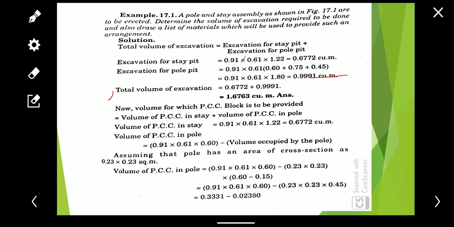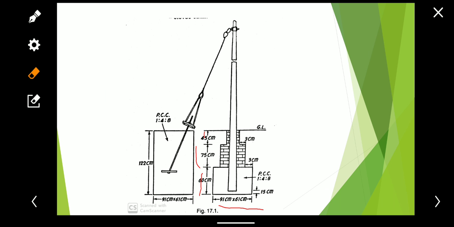Now the volume for the PCC block that is to be provided. So volume of the PCC in the stay plus volume of the PCC in the pole. Stay is this and this one is the pole.